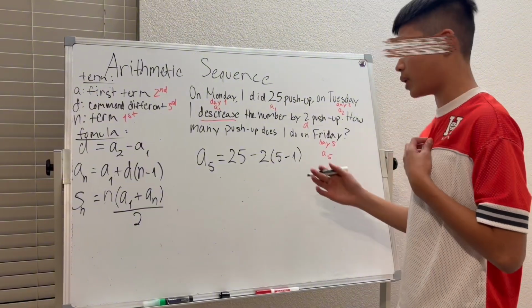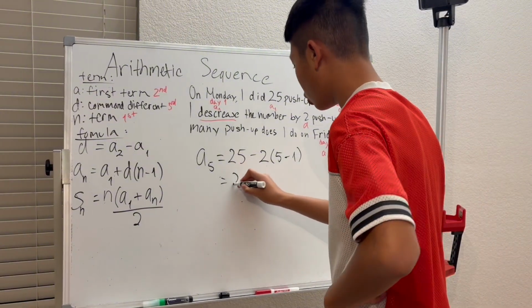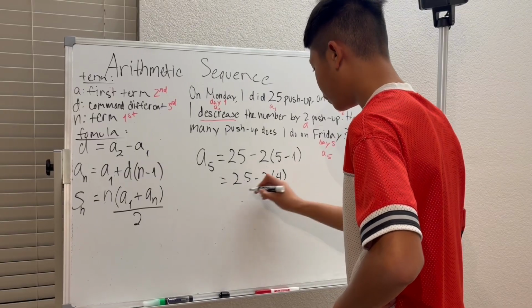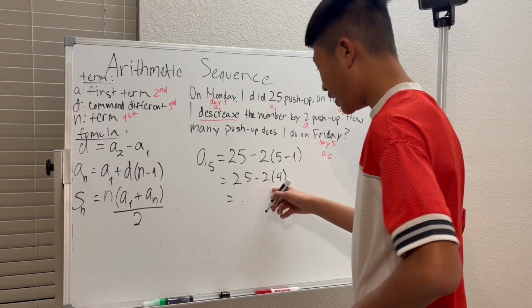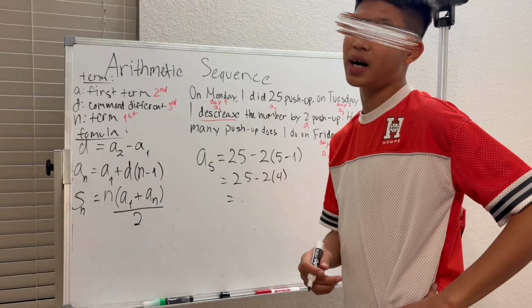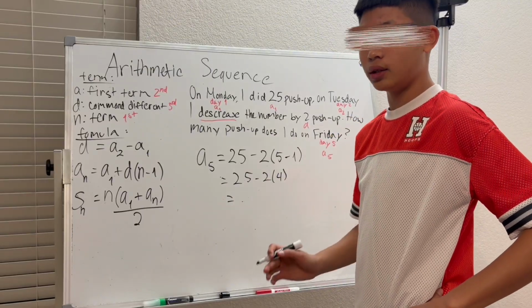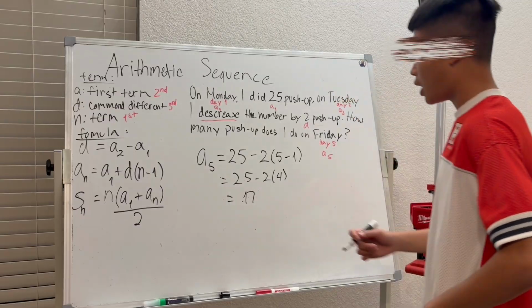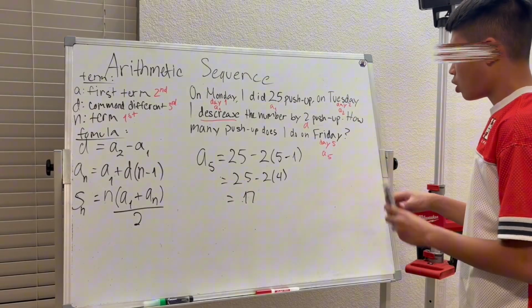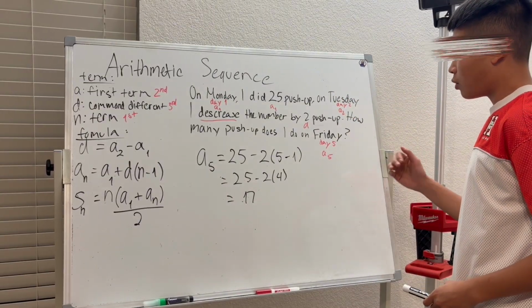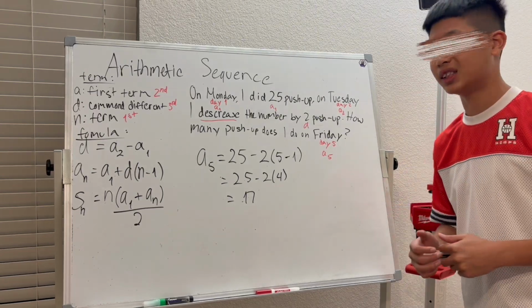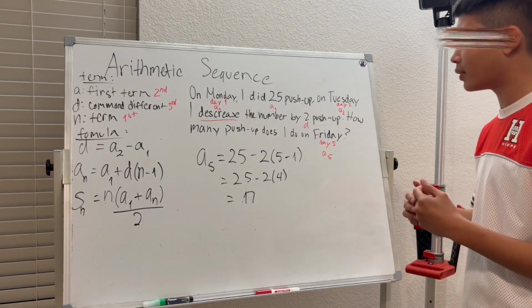That equals 25 minus 2 times 4. This is 8. 25 minus 8 is 17. So I did 17 push-ups on Friday. On day 5, I did 17 push-ups.